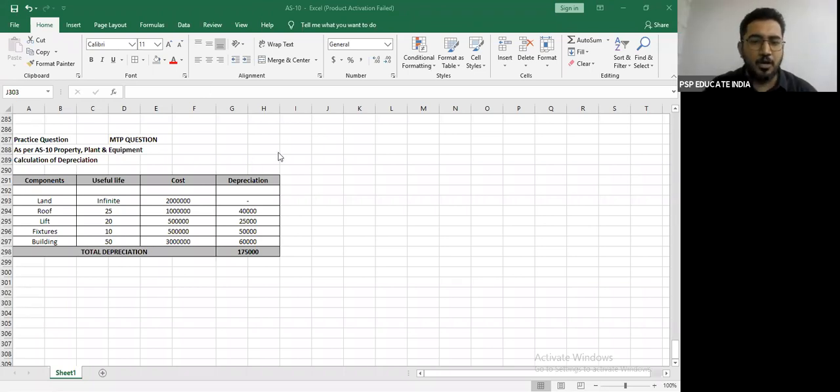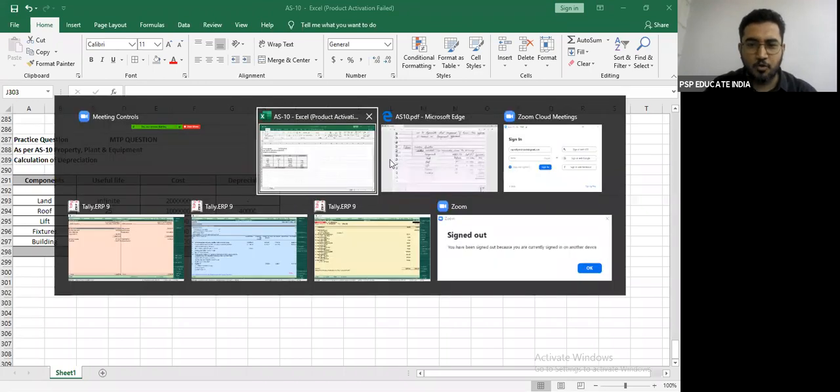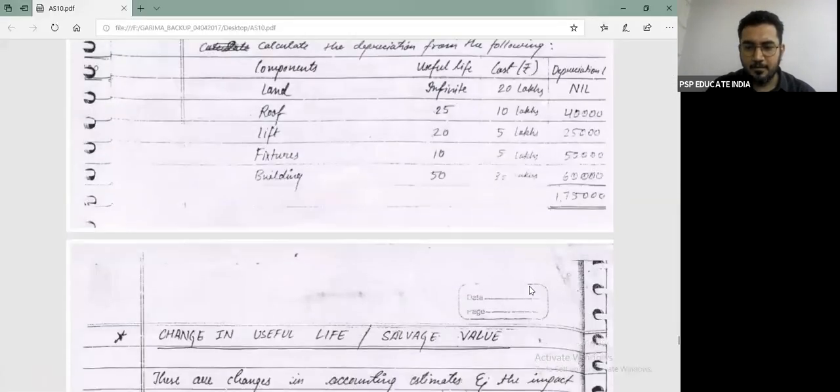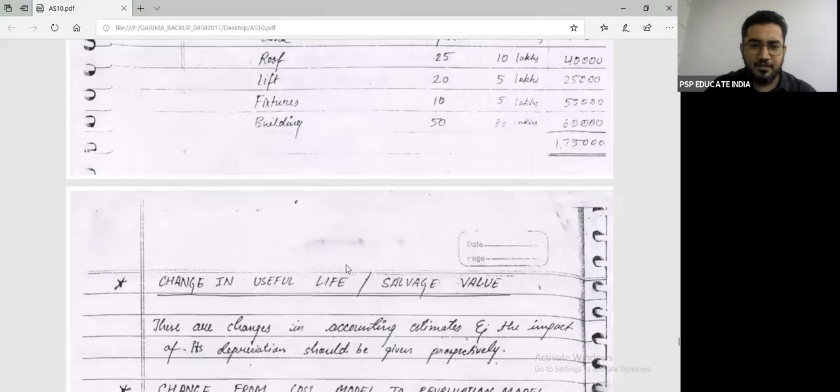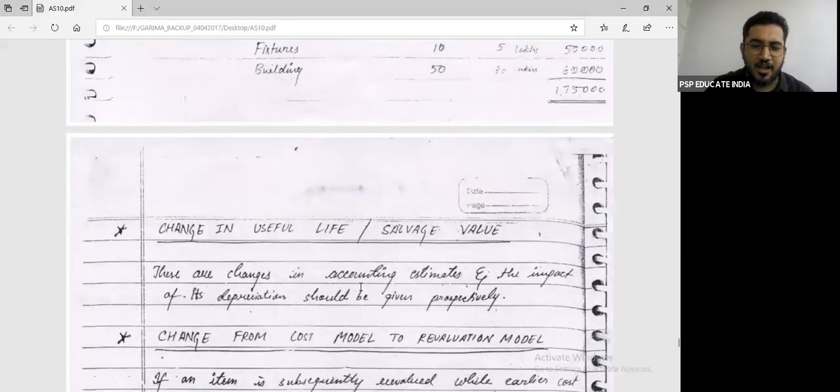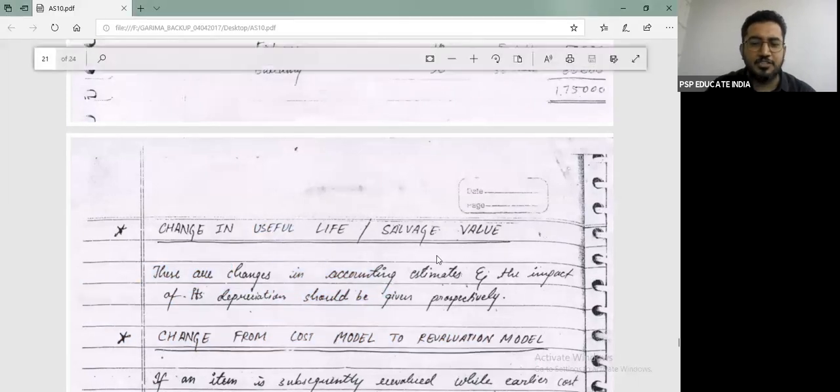Okay, I hope you all are done with this question. Let's go ahead then. Change in useful life or salvage value. Is that a change in accounting estimate or accounting policy?